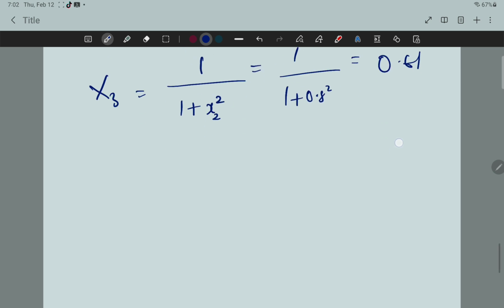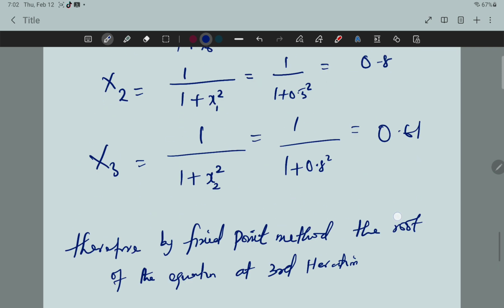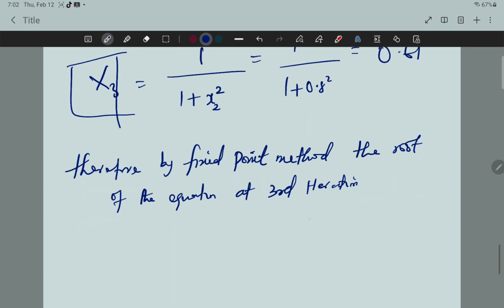So by fixed point method, the root of the equation at the third iteration, because I stopped at x3, did you see that? At the third iteration is what?